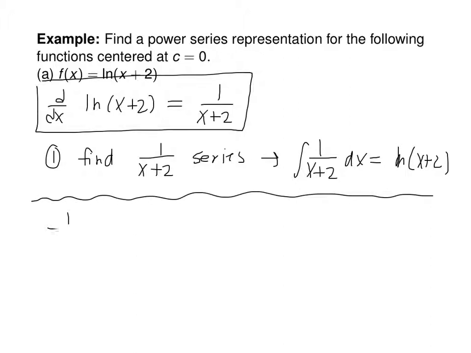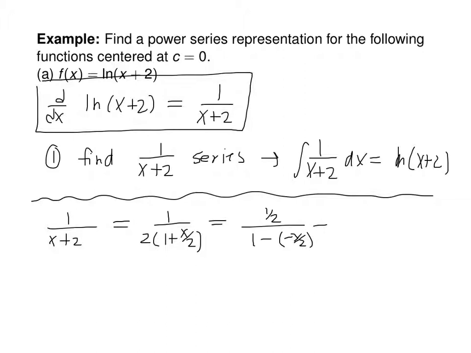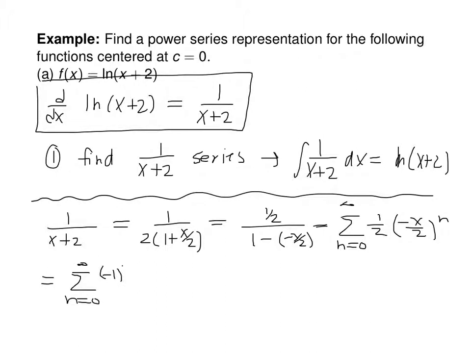Alright, so 1 over x plus 2 is the same thing as 1 over 2 times (1 plus x over 2), which is the same thing as 1/2 over 1 minus negative x over 2, which is a sum from n equals 0 to infinity of 1/2 times (negative x over 2) to the n, or the sum from 0 to infinity of (-1)^n over 2 to the n plus 1 times x to the n.